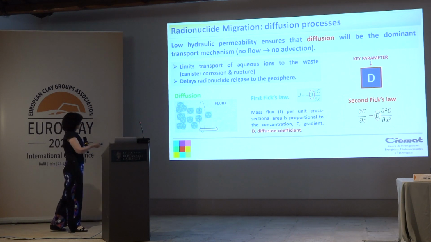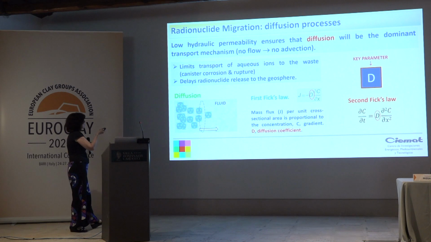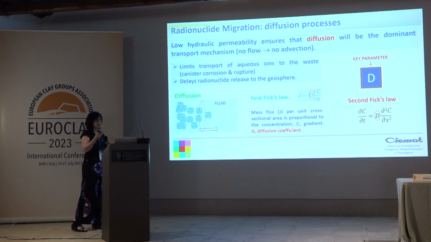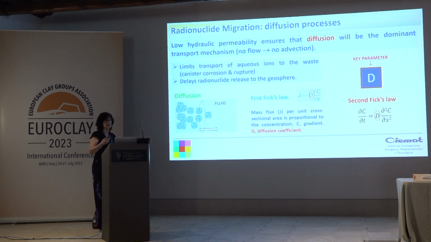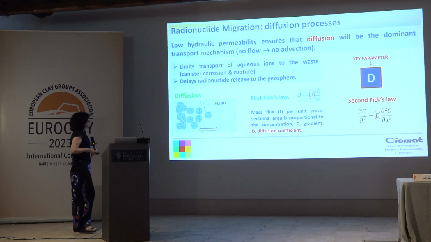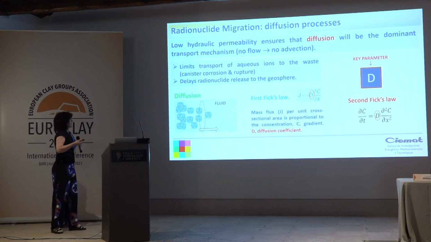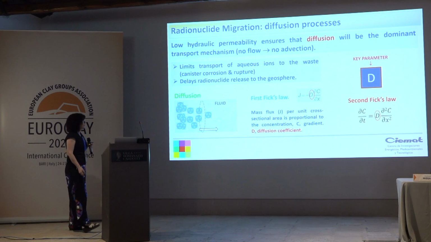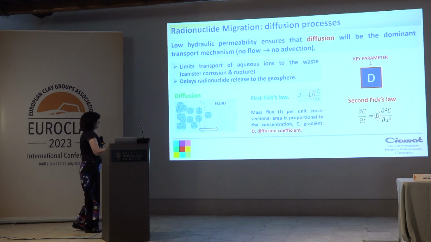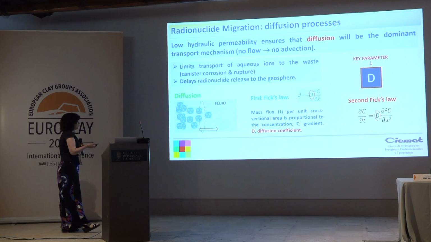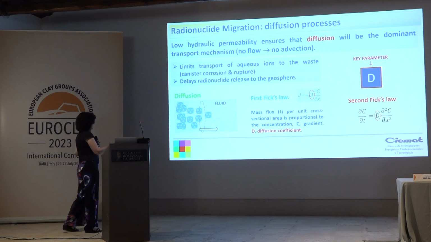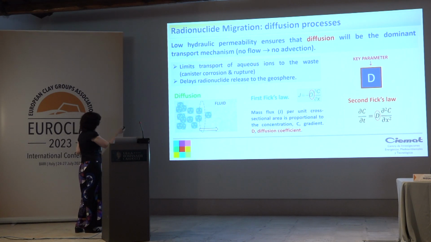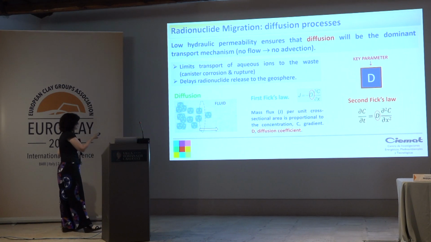So diffusion limits the transport of aqueous ions to the waste, so this is important because it will delay the canister corrosion and rupture, and then when the canister has broken down, it will delay the radionuclide release to the geosphere. So diffusion is a very well-known process, driven by a gradient of concentration.